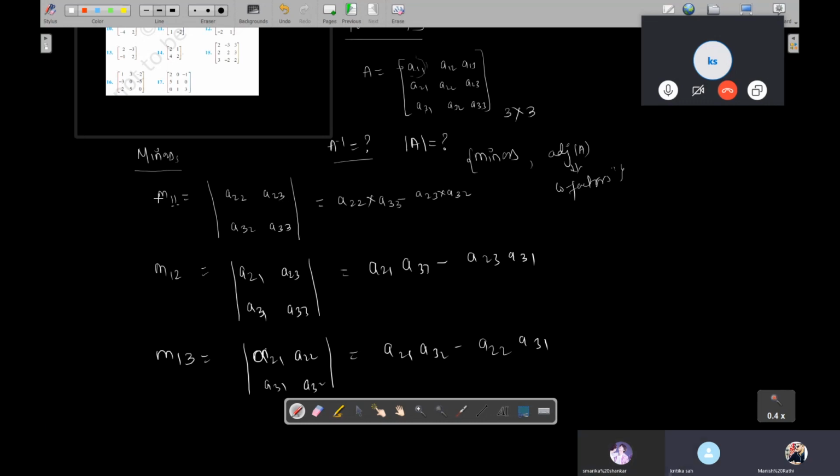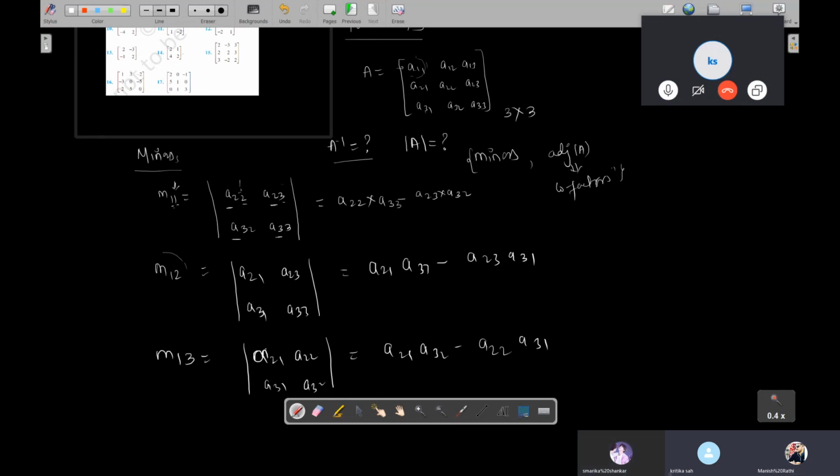So for the row suffix I write 2, then 3. Then for the column suffix, after 1 comes 2 and 3.